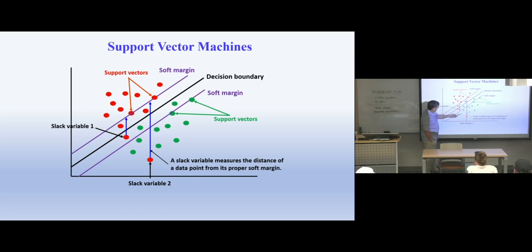Then I get this guy who's outside the soft margin a long way and on the wrong side of the decision boundary. So you've got to accommodate this guy who's on the wrong side, and you see the distance. So I've got to handle that.